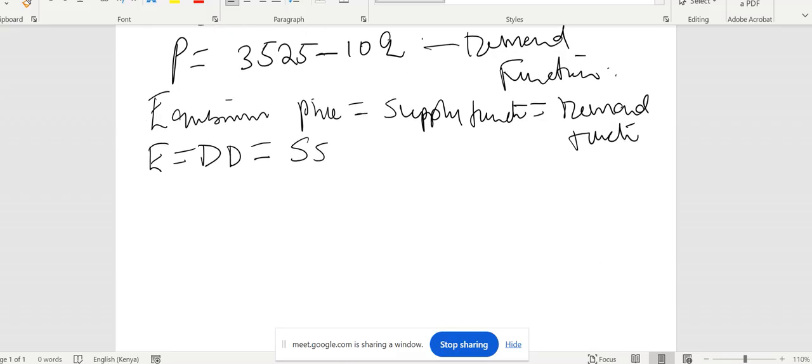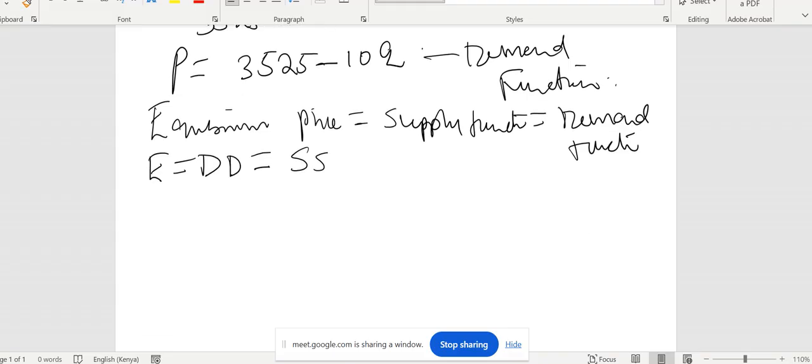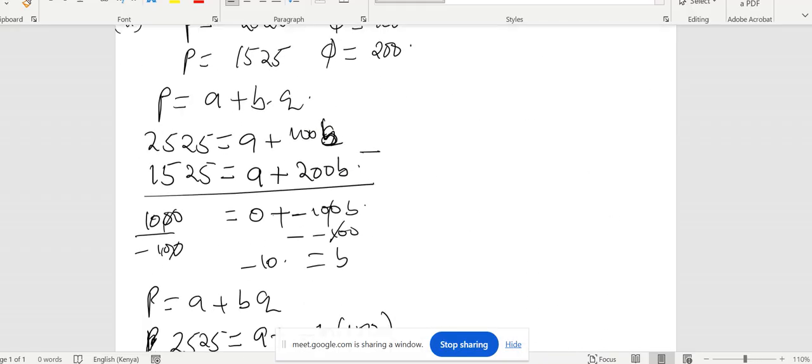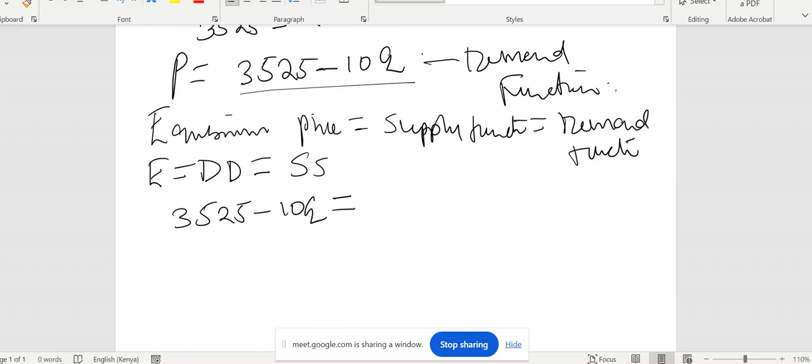Now, what is the demand function? This one. Are you seeing this? Yes. So you bring this 35, 25 minus 10Q is equal to what was our supply? Supply we had found was negative what?